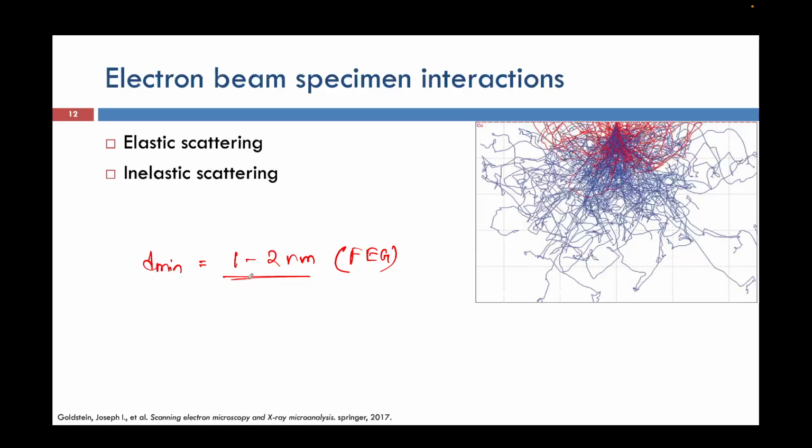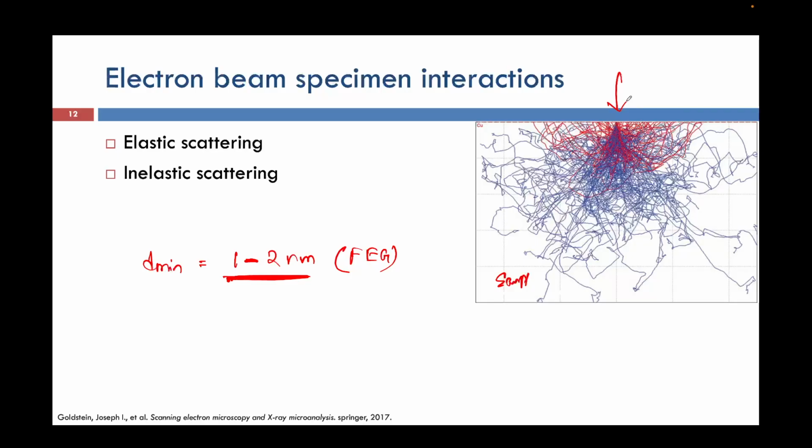Because 1 to 2 nanometer is sufficient, and my features are in the order of micrometer. And if my probe size is nanometer, then I should ideally be able to map those features. But then what is happening? The problem is my electron beam, when it is going, starts to deviate because of its interaction with the sample. Let's say this is my sample, and from here my electron beam is coming.